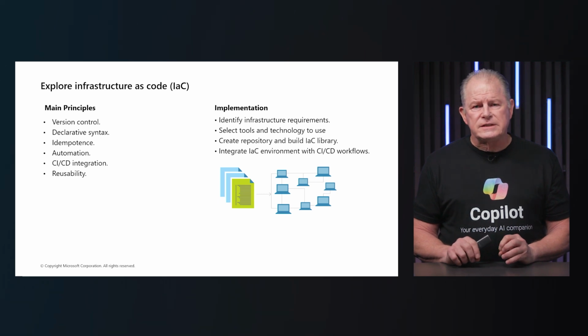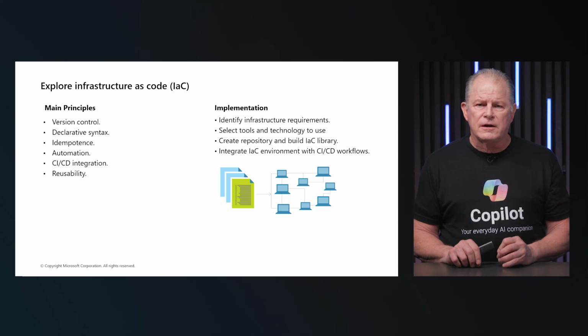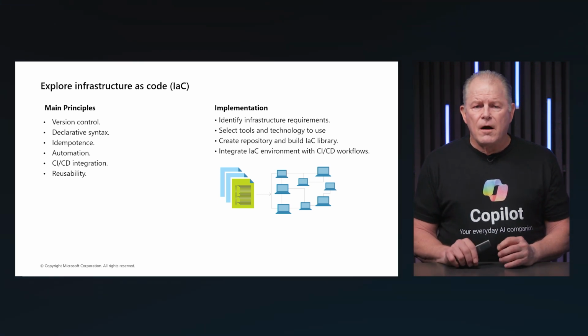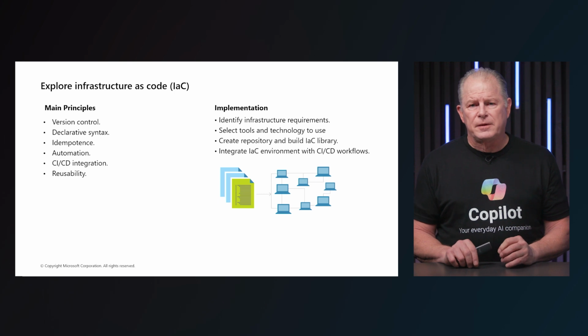Since the declarative syntax describes the end state only, using it guarantees that each code execution will always yield the same results. This ensures the consistency of the target environment and precludes the possibility of unintended side effects of intermediary changes. Automation. The use of code facilitates automated provisioning and configuration, enhancing efficiency, consistency, and scalability.